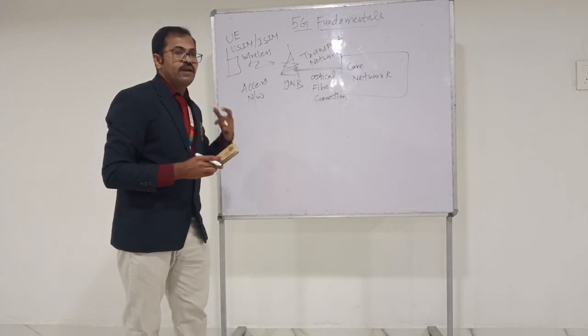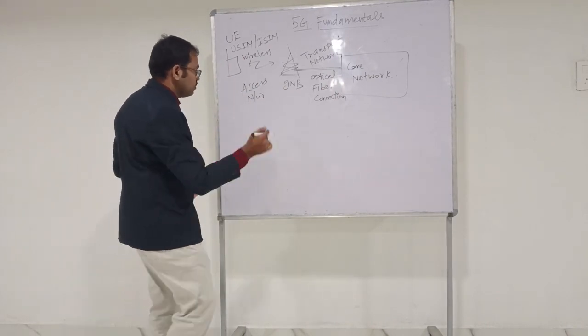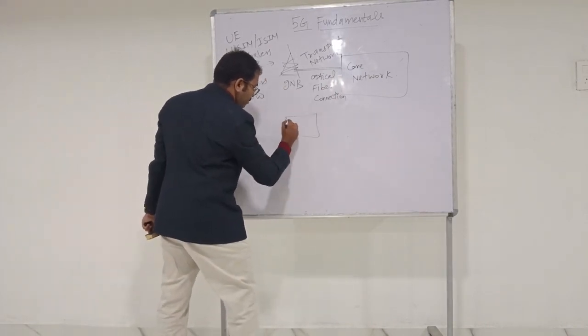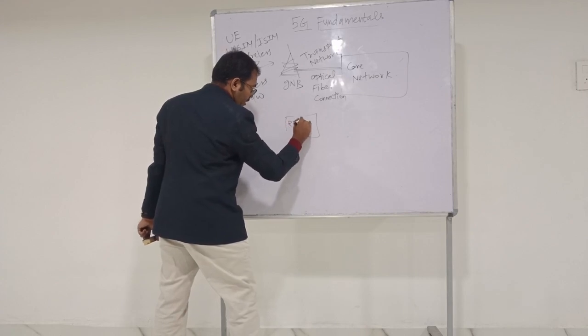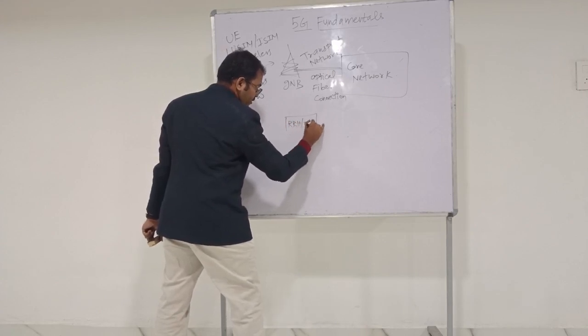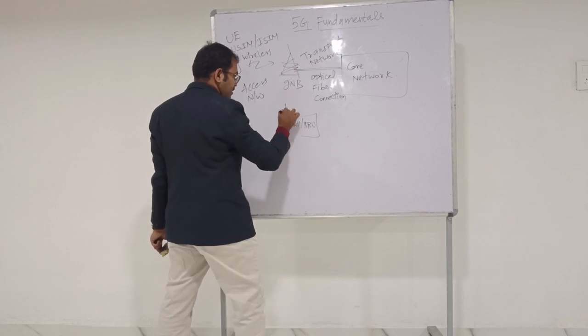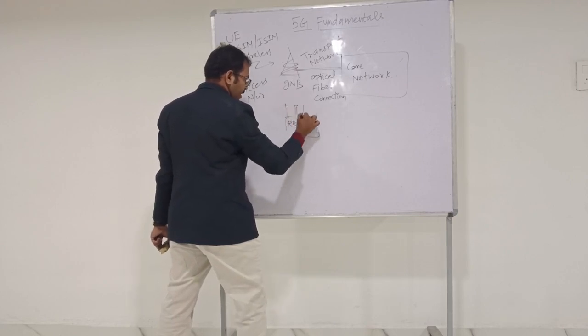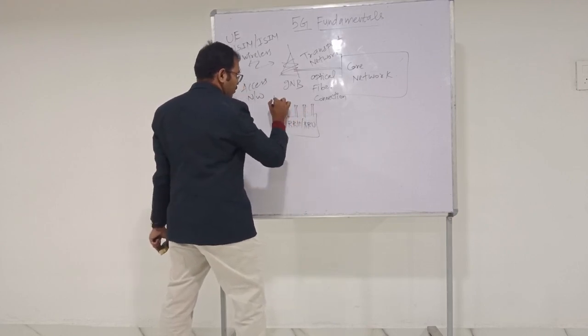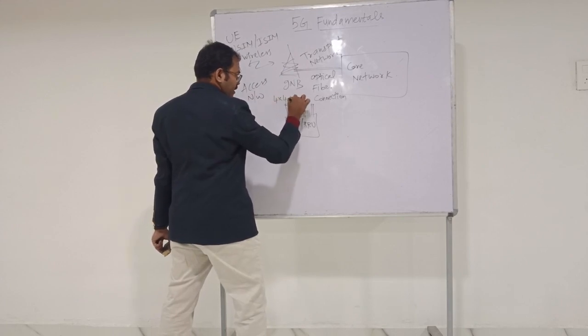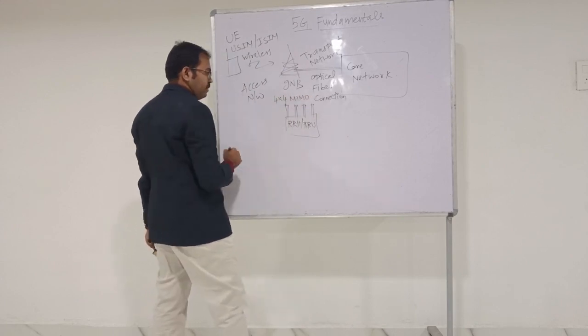This gNodeB can be further subdivided into a remote radio head, or we can call it a remote radio unit. This radio unit will feature a couple of antennas. Let me consider 4x4 MIMO antennas available on a gNodeB.